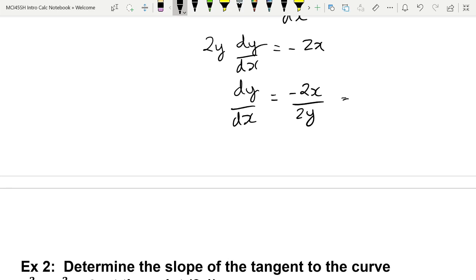And that's going to give me, the 2's cancel, so it gives me negative x over y. And this thing here is, again, the equation of the slope. So everywhere around that circle, that's the equation of the slope.